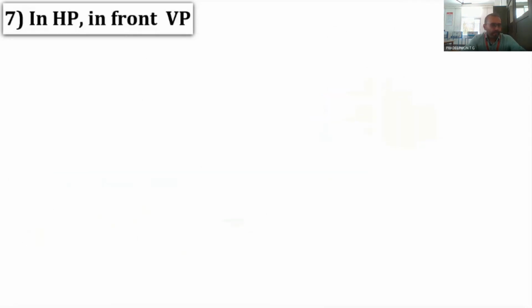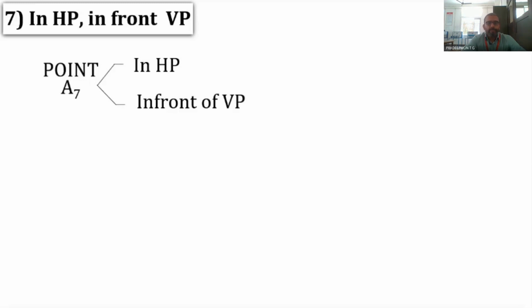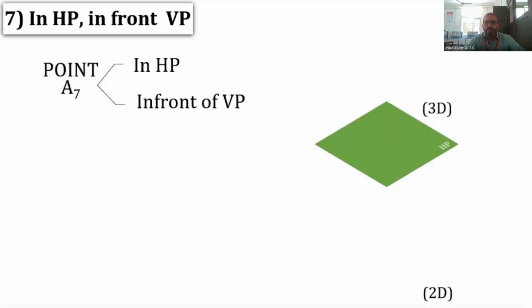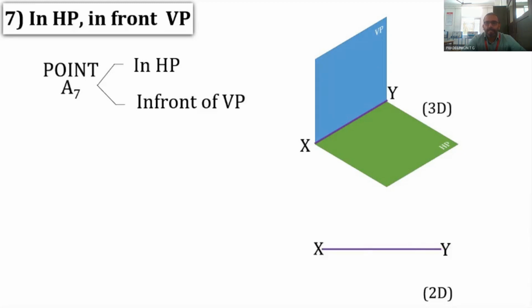Now the seventh condition. The point is in HP and is in front of VP. So let's see how it comes. This is HP, here is VP, here is the XY line, then the XY line in 2 dimension.